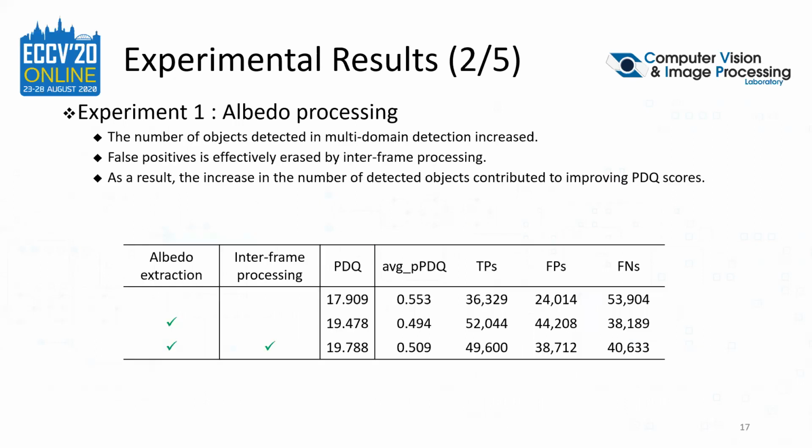This is a table showing quantitative results of multi-domain detection and interframe processing using albedo images. We can see that many objects are additionally detected because of detection in the multi-domain. The unnecessary false positives were removed through interframe processing to further improve the PDQ score.